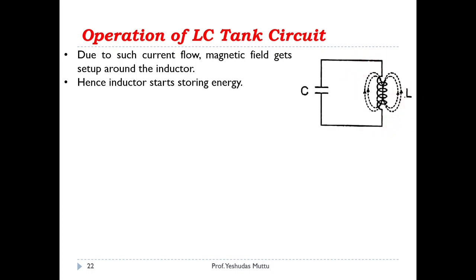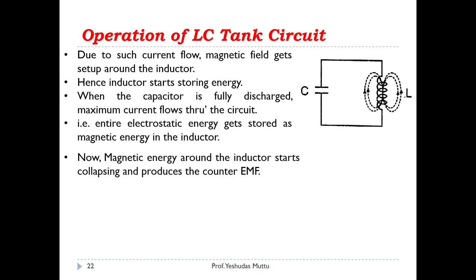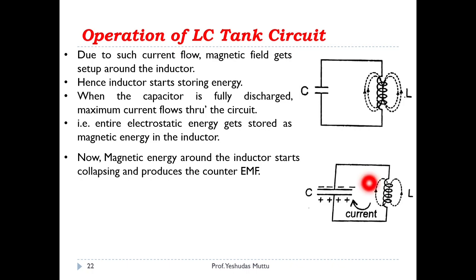Now when the inductor has got the entire magnetic energy, or it has stored the entire energy, what it will do now is unleash the energy back into the capacitor. While doing this, it does it in the opposite direction, and we call it counter EMF, electromotive force. So it sets up the current in the opposite direction, as you can see over here.